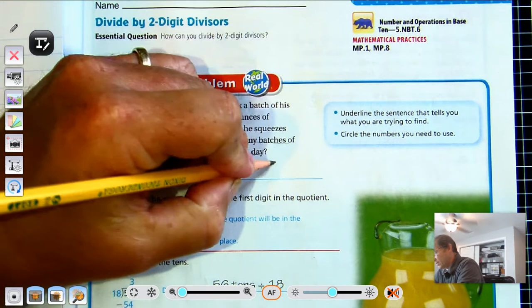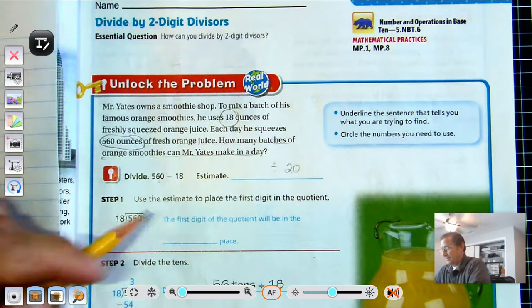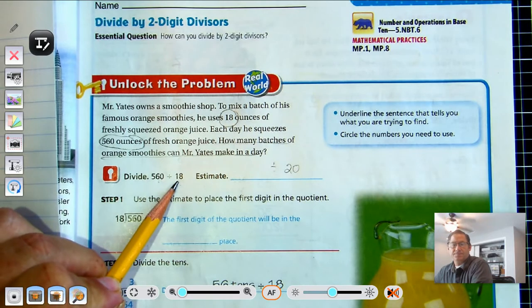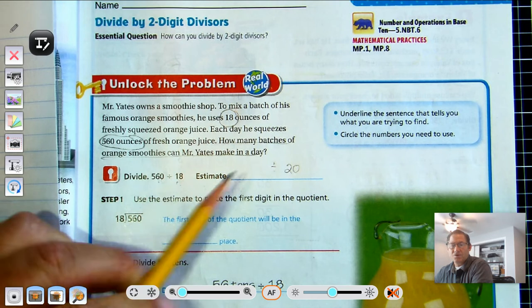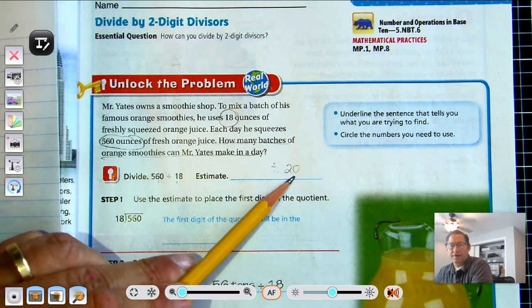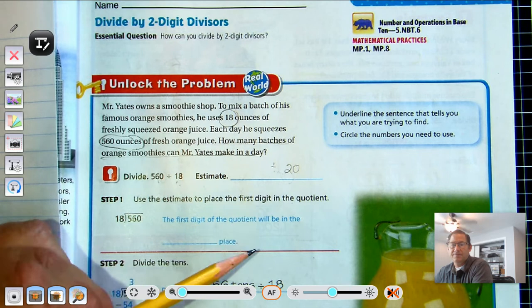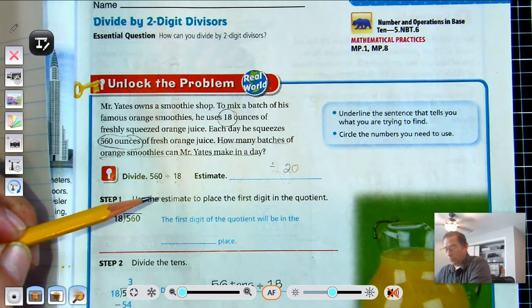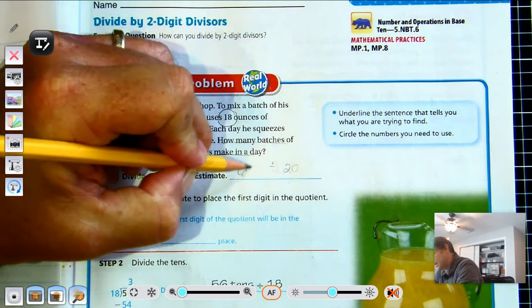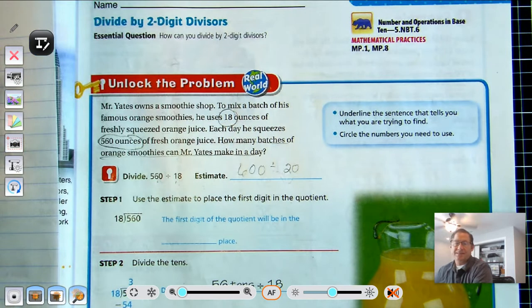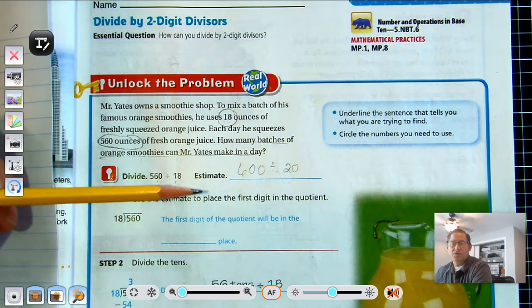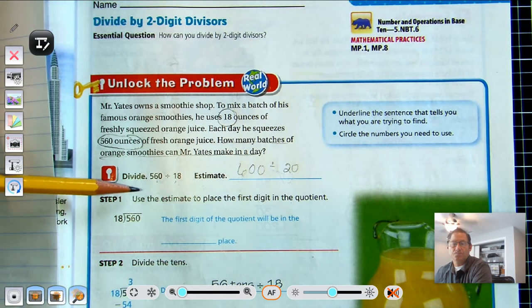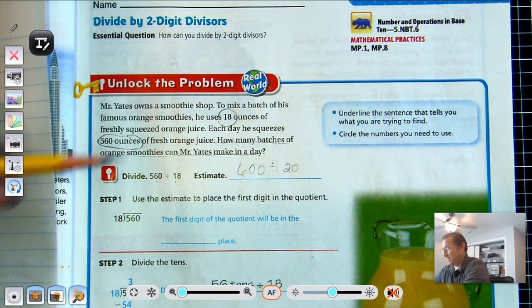Remember, we change the divisor to a number that's close to it, and then use a multiple of the digit in the tens place. So we can change 560 to 600, since 6 would be the closest multiple to 560. So 600 divided by 20.